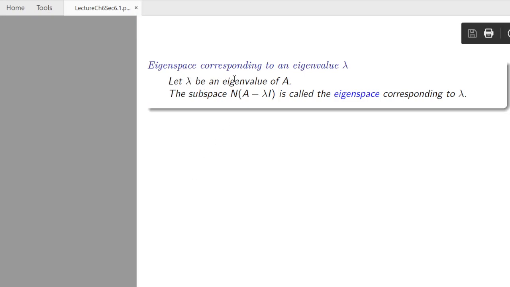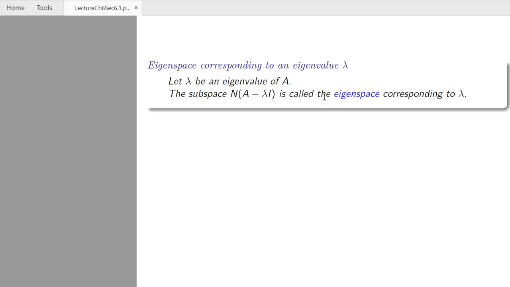Let's consider an eigenvalue lambda of the matrix A. Then the null space of the matrix A minus lambda I is a subspace of Rn. This subspace is called the eigenspace corresponding to the eigenvalue lambda.